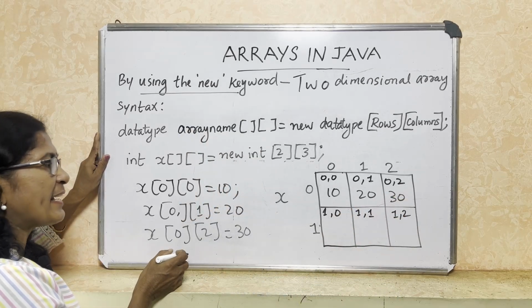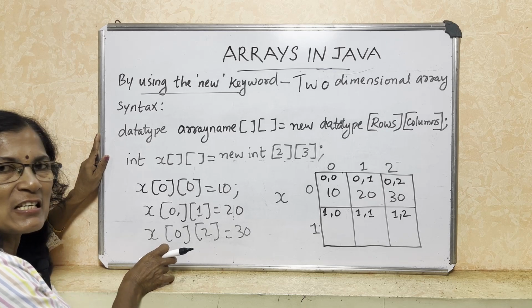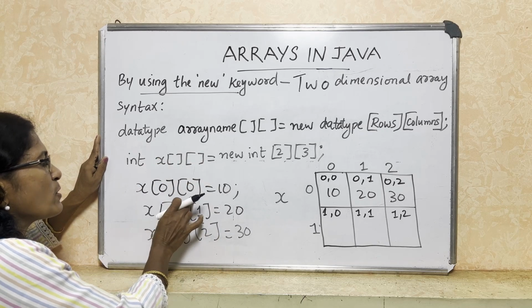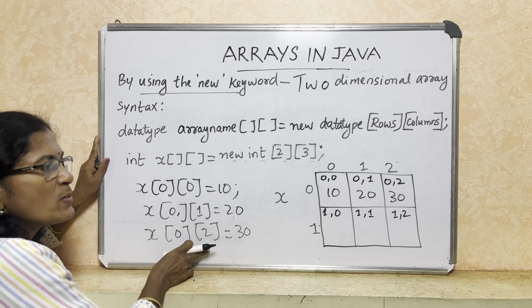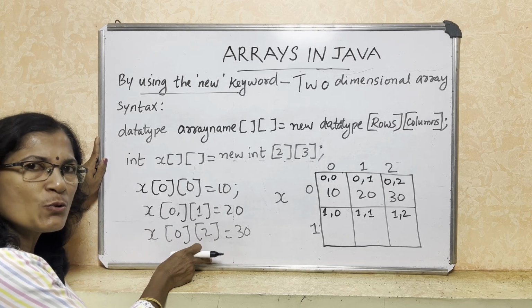Now, you can see that when you store the data into the first row, the row number is the same, but the column number changes: 0, 0, 0, 1, 0, 2. So, we can use a nested loop to assign the data into the two-dimensional array.